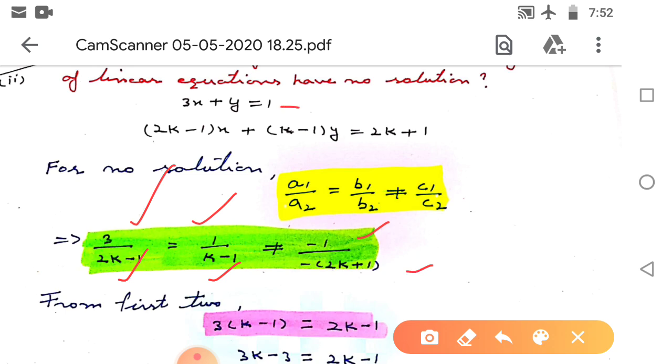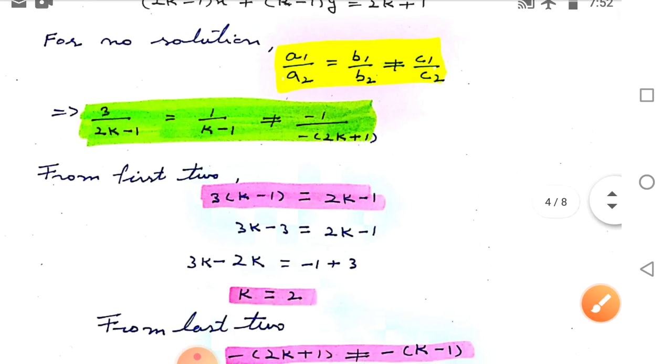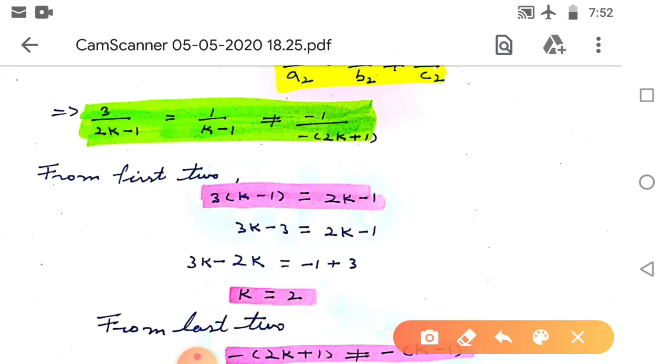We shift it to the left hand side, it becomes minus. Right. Now, taking the first two equalities, we see 3 into k minus 1 is equal to 2k minus 1. So 3k minus 3 is equal to 2k minus 1. When we solve, we multiply 3 with this k minus 1, and ultimately we get k is equal to 2. The value of k comes 2 here.